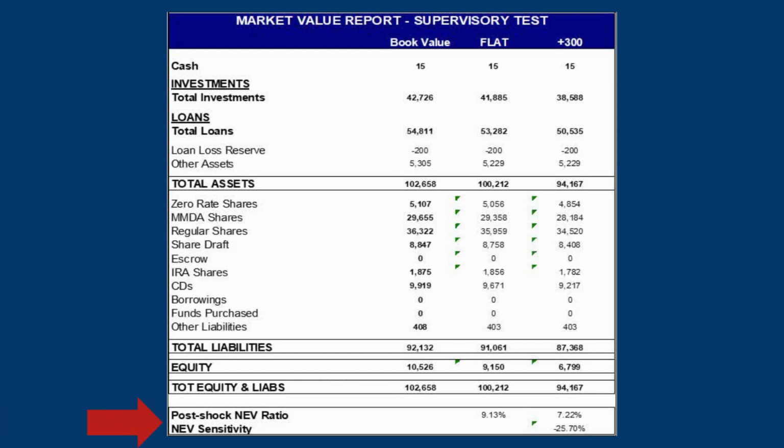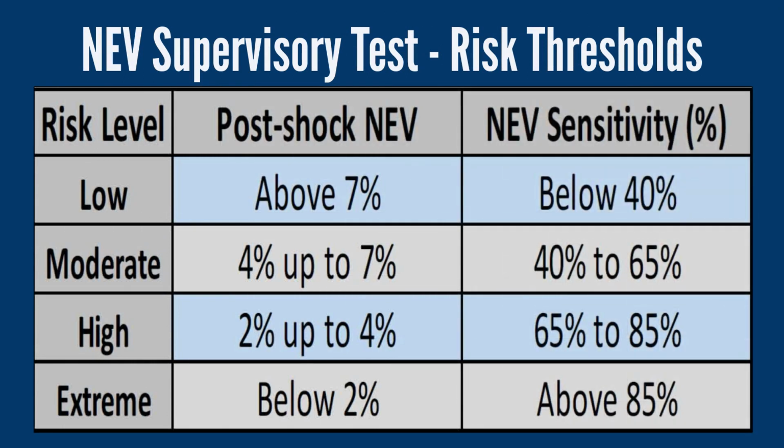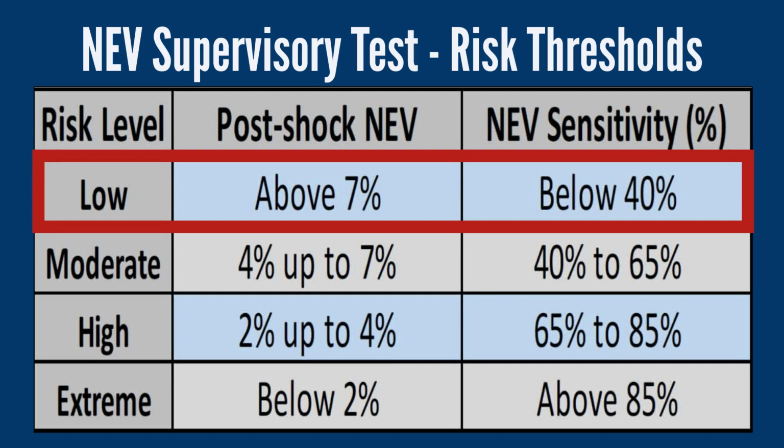Should the post-shock net economic value ratio and the net economic value sensitivity fall within risky limits, the credit union may face a higher level of examination. At a post-shock net economic value ratio of 7.22% and net economic value sensitivity of negative 25.70%, this credit union would remain in the low risk category. Those credit unions that fall into the high and extreme risk categories will face more scrutiny on their next exam.